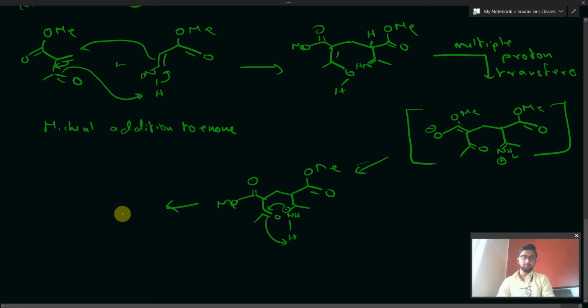Okay, NH, we have double bond over here, we have C double bond O, OMe, and we have OH, we have C double bond O, OMe, and here we have one hydrogen.